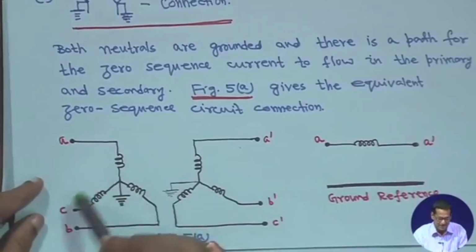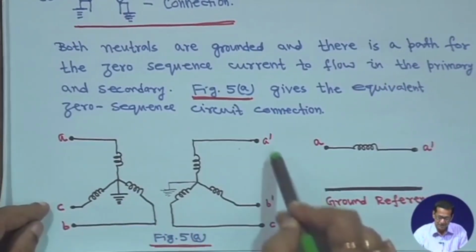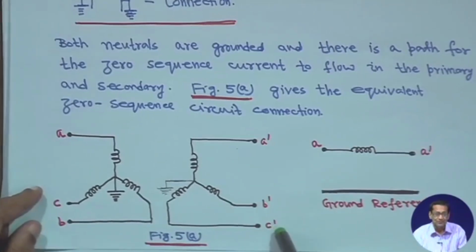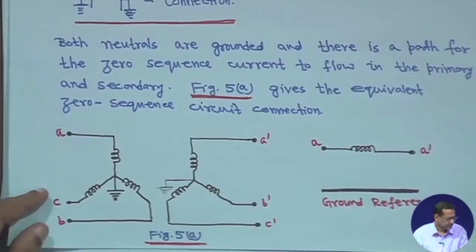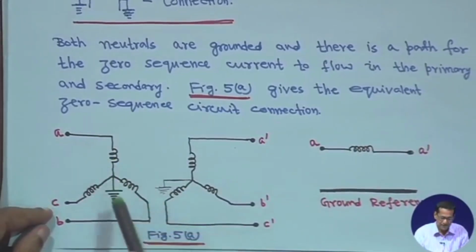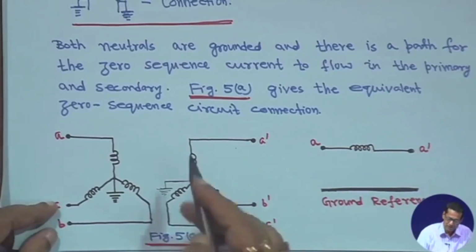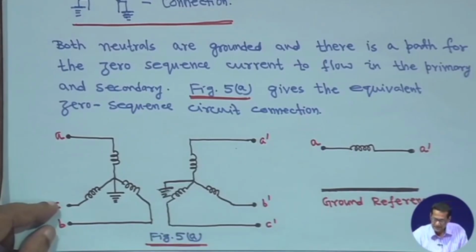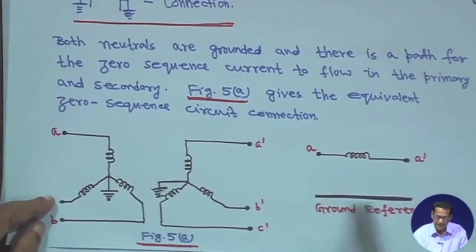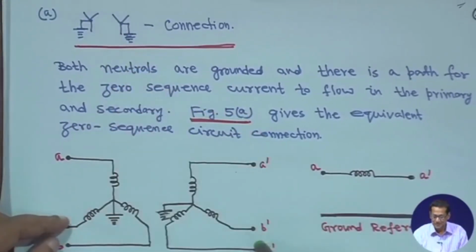This is A, B, C, and this is also A dash, B dash, C dash that I have drawn. This is grounded, this is also grounded, both are grounded. That means ground is the reference you take, and as both are grounded, there is a path for zero sequence current to flow.